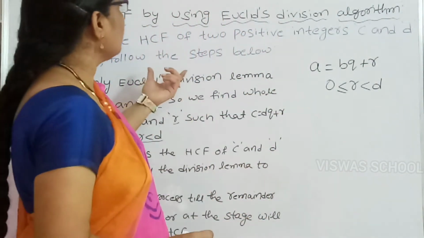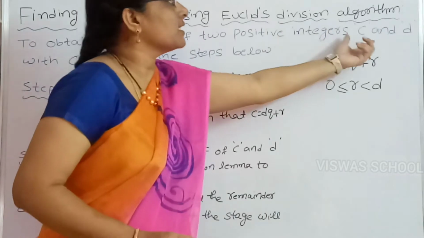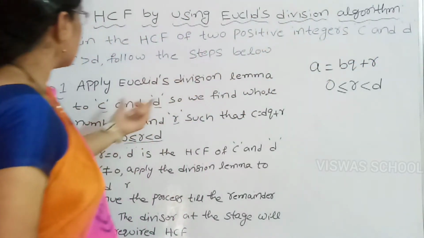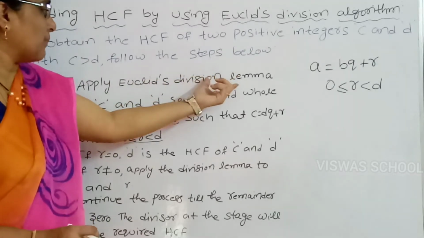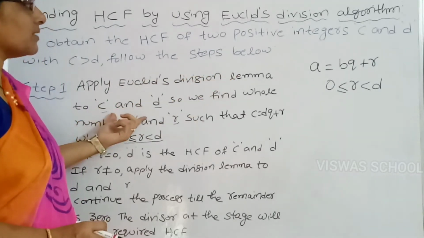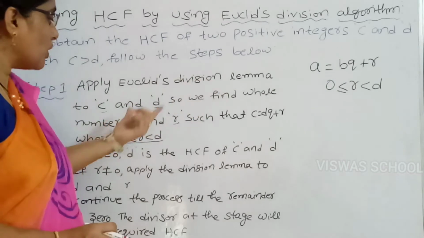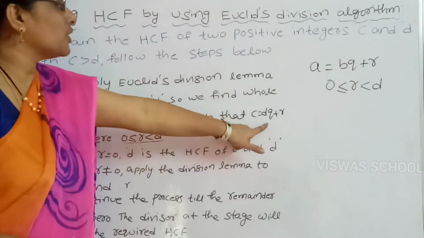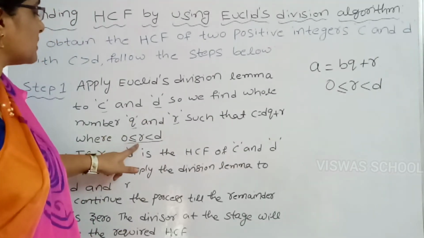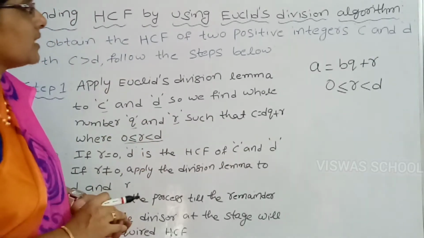Here we are taking the integers c and d. See the first step: we have to apply the Euclid division lemma to c and d. So we find whole numbers q and r such that c equals dq plus r, where 0 is less than or equal to r, which is less than d.